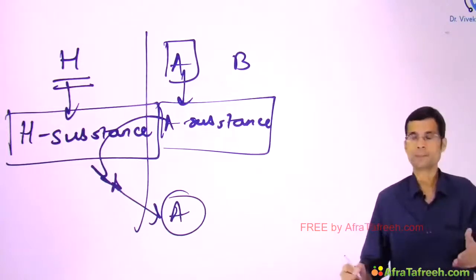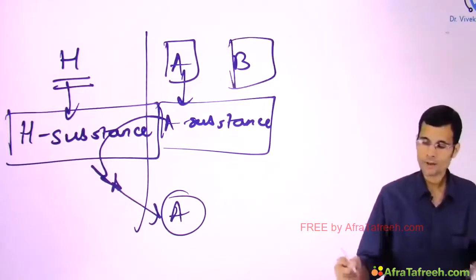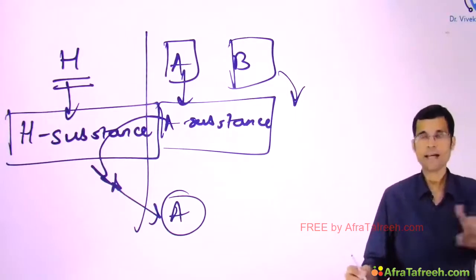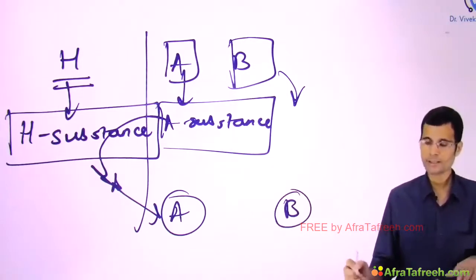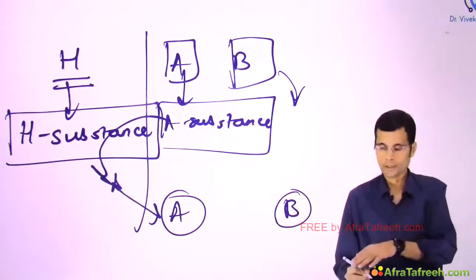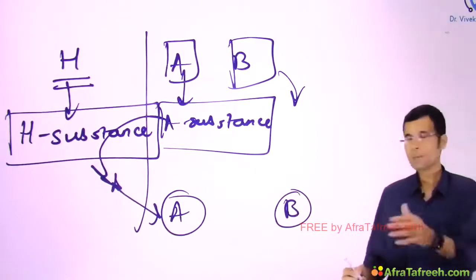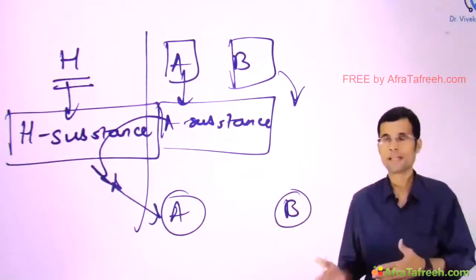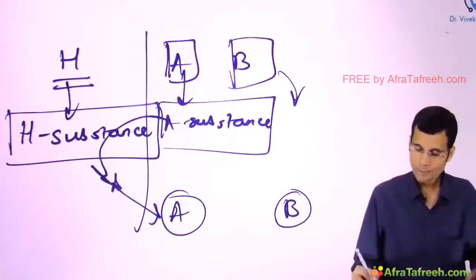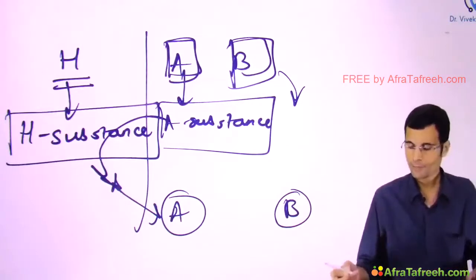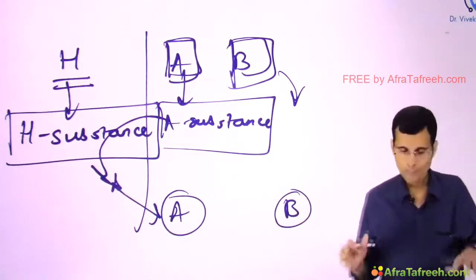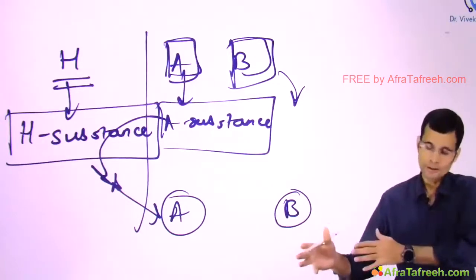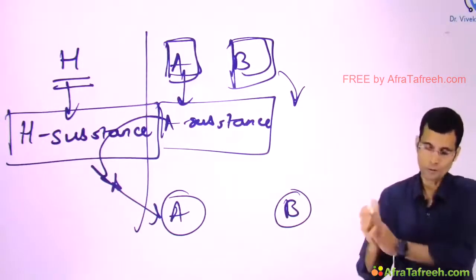The blood group will be A. If the B gene is dominant, then B substance will be formed, and then via H substance it will form B antigen. The blood group will be B. If both A and B are dominant, then both antigens will be formed. Blood group will be AB. And if both A and B genes are recessive, then the blood group is O. But that's the normal O blood group.